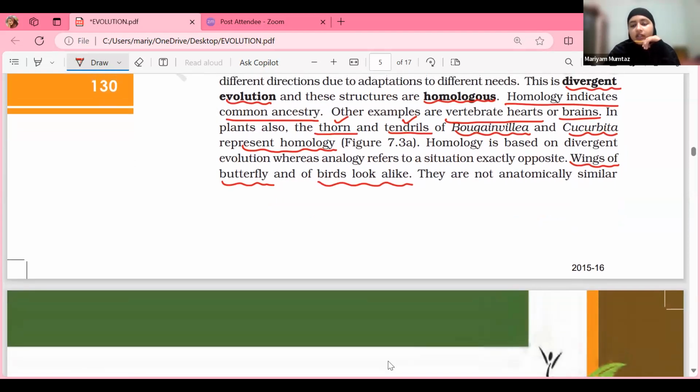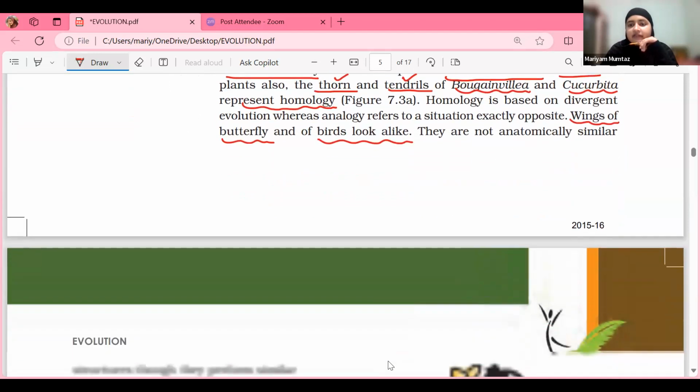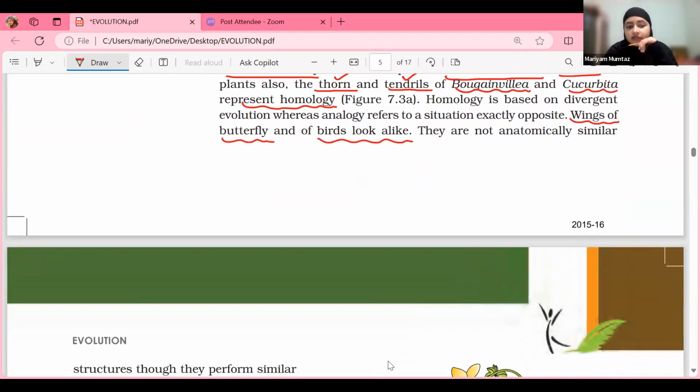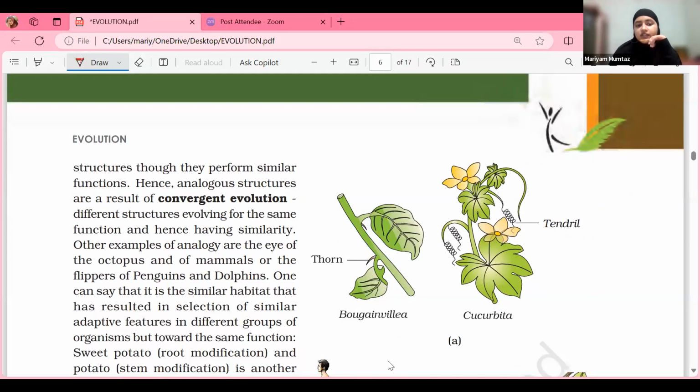But the way they are formed is very different if you look at their anatomy. So the anatomical structure is different, but the function is the same. This type of evolution is known as convergent evolution. Structures are different, coming to one point having the same function. Convergent. And these are analogous structures.